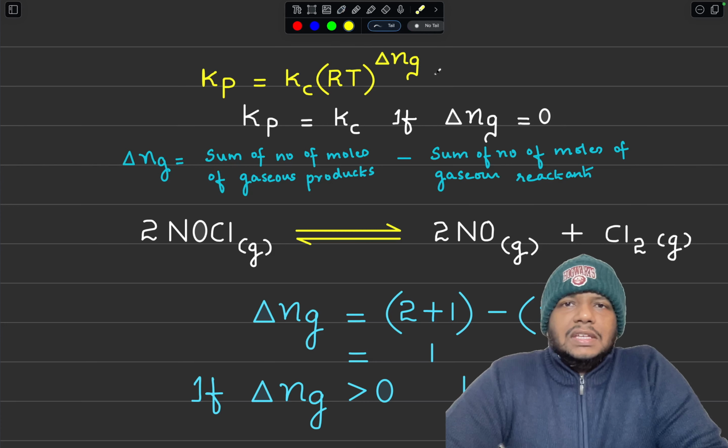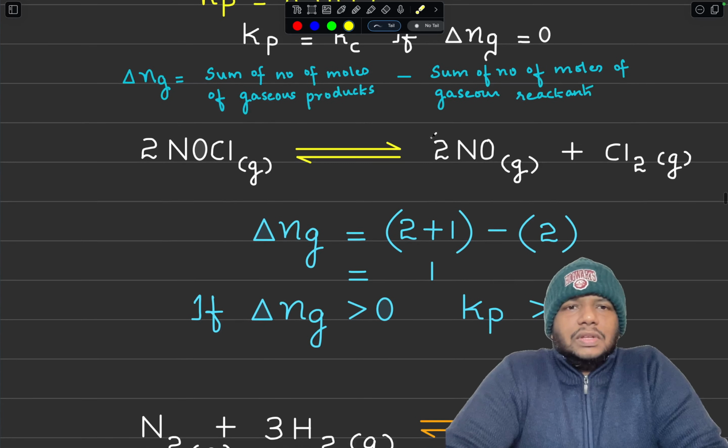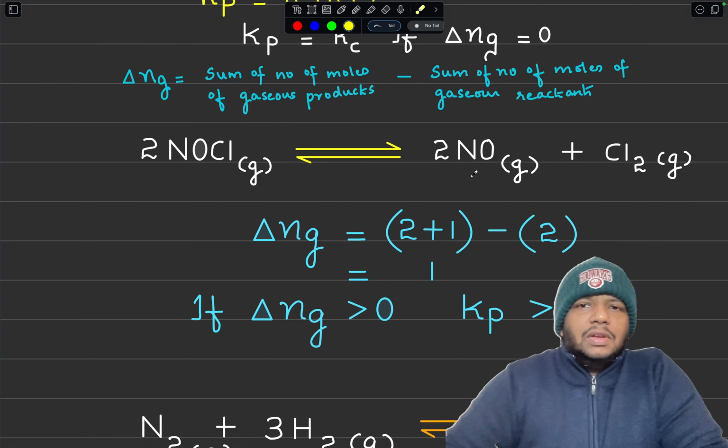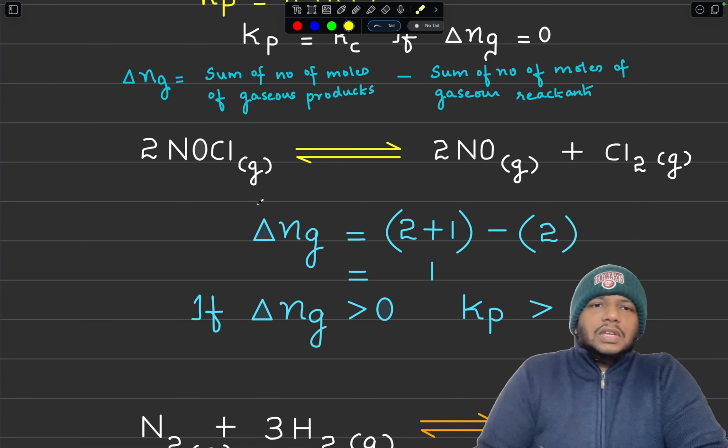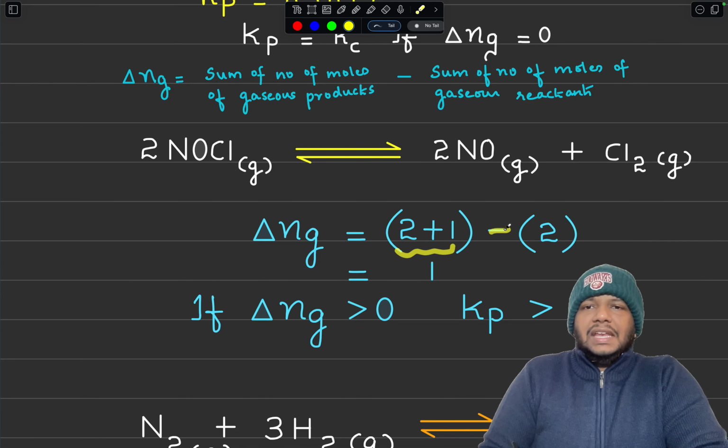Now see here, I'm taking the first equation, 2NOCl giving you 2NO plus Cl2. Here you can see all are gaseous terms. Delta Ng is the number of moles of gaseous products, so 2 plus 1, minus the reactant, 2. So 3 minus 2 you will get 1.